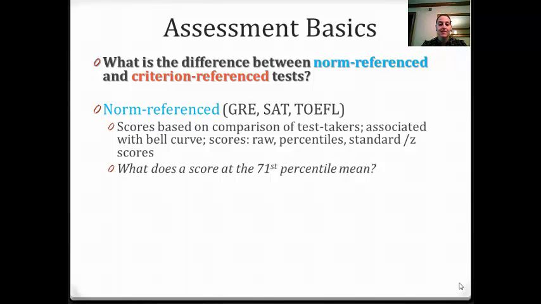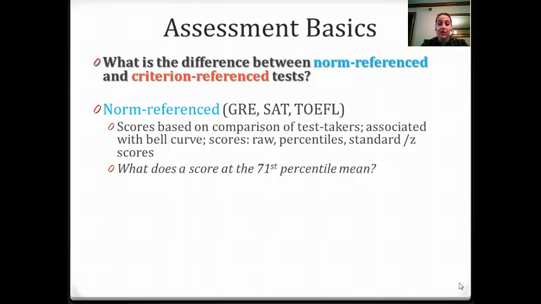Before these tests are released to the public, they are tested on a norming group, where the person who designed the test selects a group of students to represent the population: lows, highs, and middle-achieving students who hopefully represent different backgrounds. That group takes the test and sets the norm.